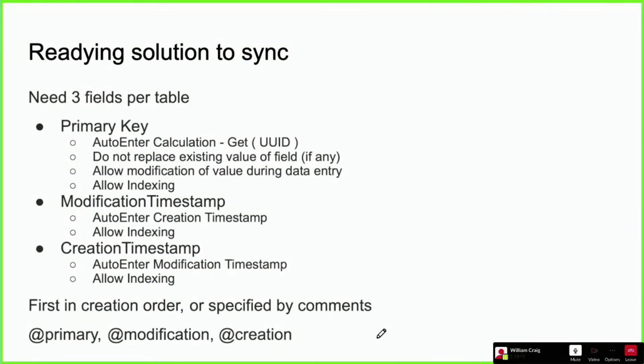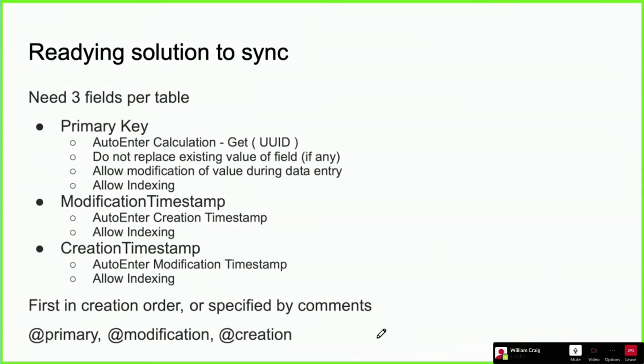There's a couple of specific details that you have to set correctly. For the primary key, it must be an auto-enter calculation that returns a unique identifier. It can't be replaceable, but it should be modifiable on data entry. And it also must be indexed.